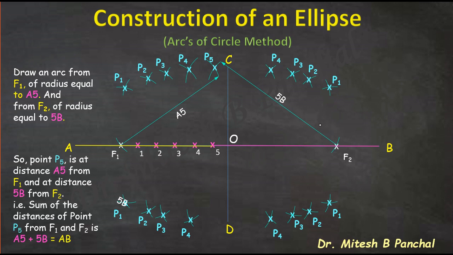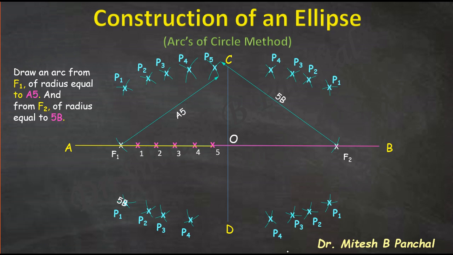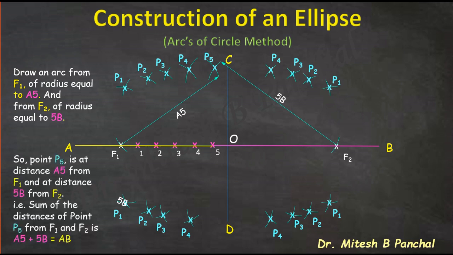Point P5 is at distance A5 from F1 and at distance 5b from F2. It means the sum of the distances of point P5 from F1 and F2 is A5 plus 5b, equal to AB.